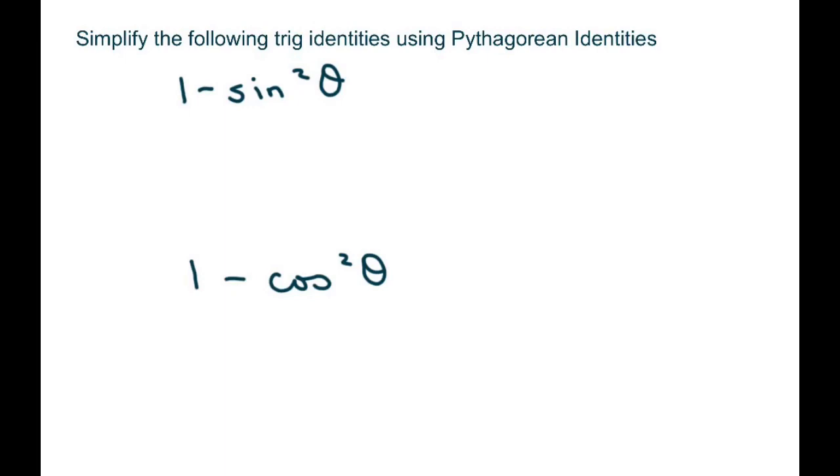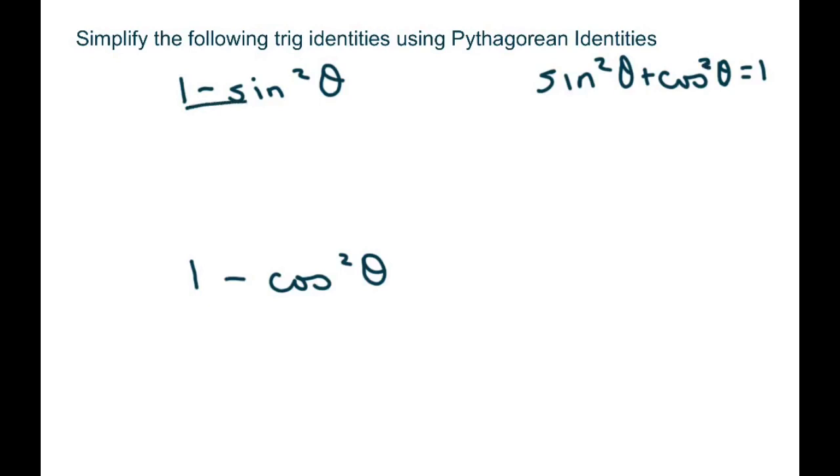We're going to simplify the following trig identities using Pythagorean identities. As you recall, sine squared of theta plus cosine squared of theta equals 1.